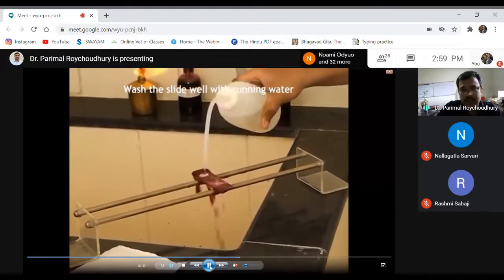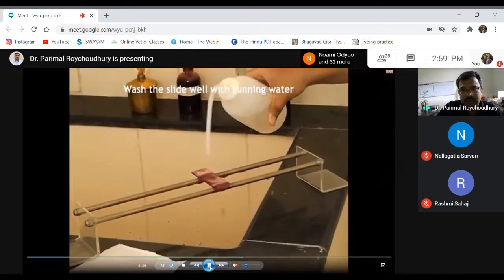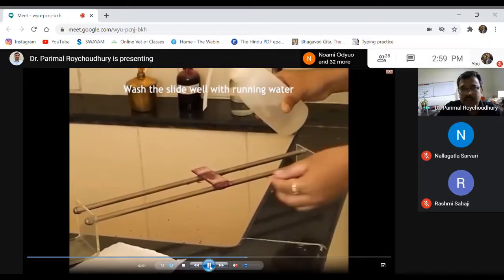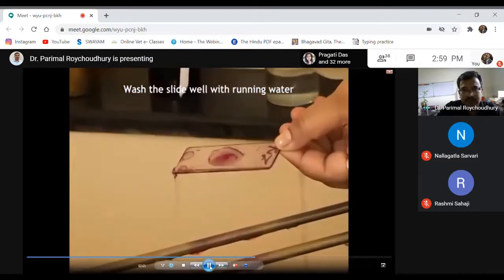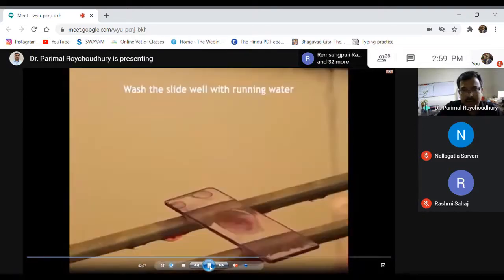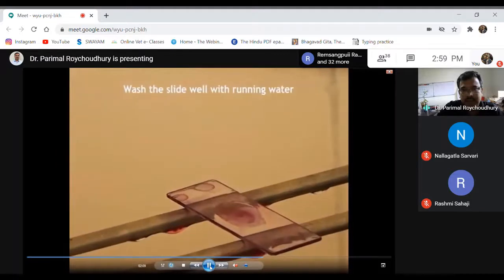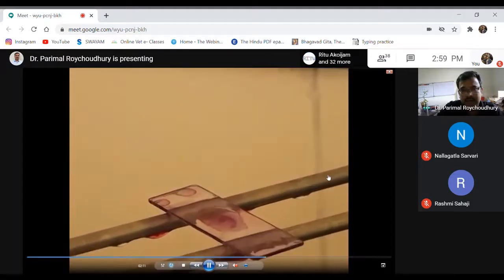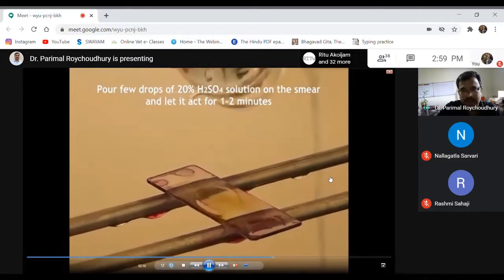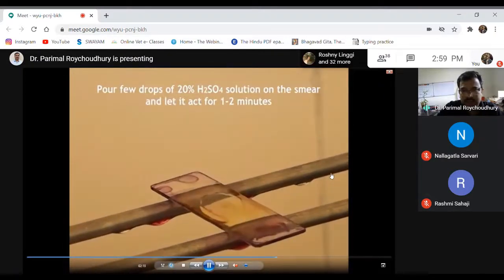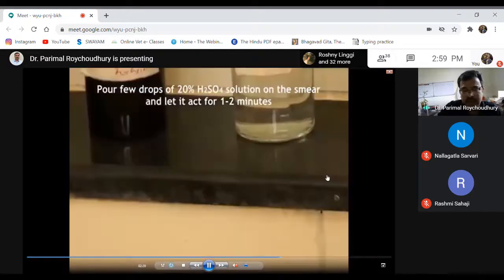After completing the washing, we can apply the decolorizer. This is the stained smear. Now we can apply the decolorizer. Here they're using 20% sulfuric acid. It's a very strong decolorizing acid solution.